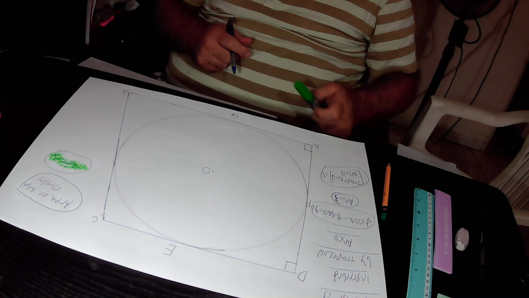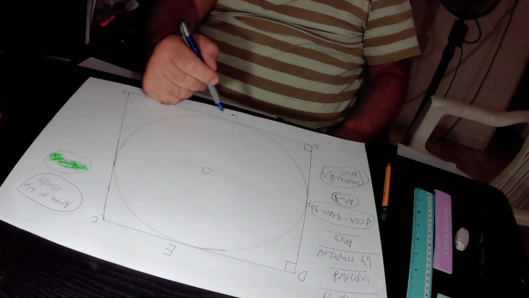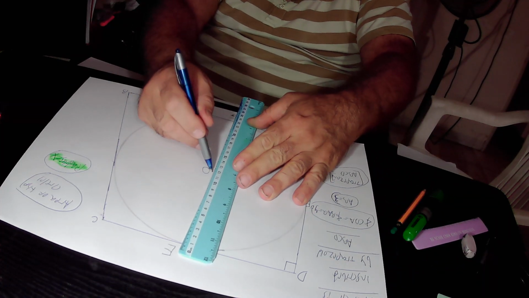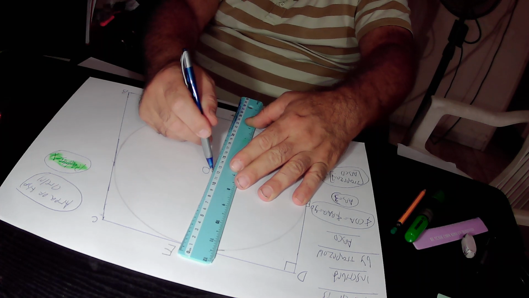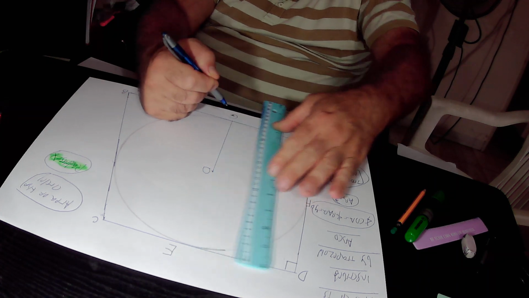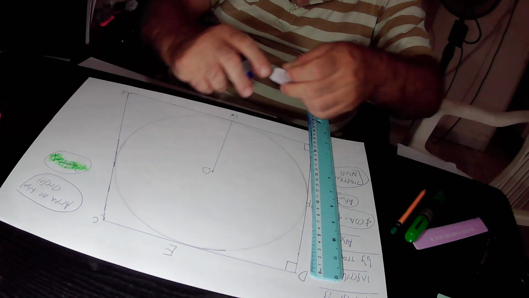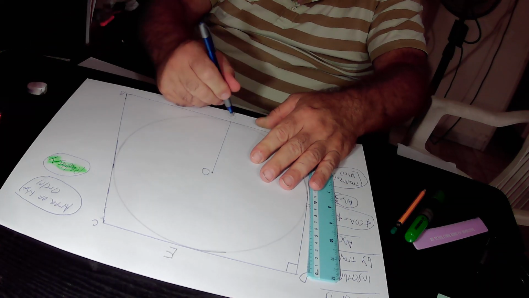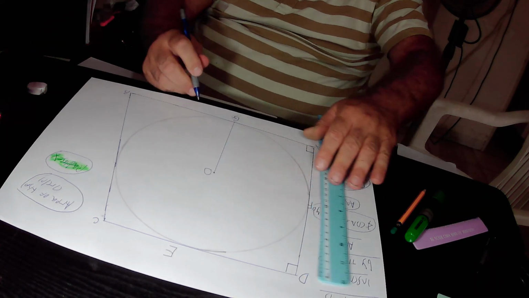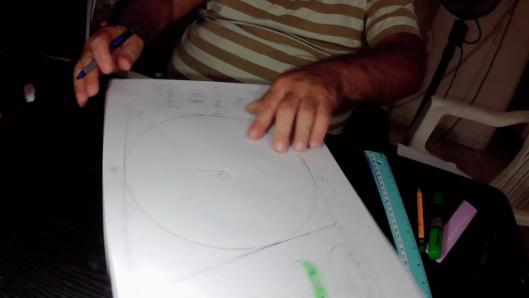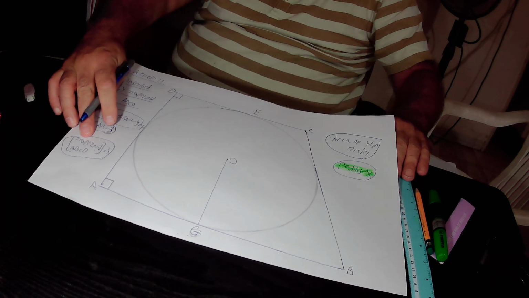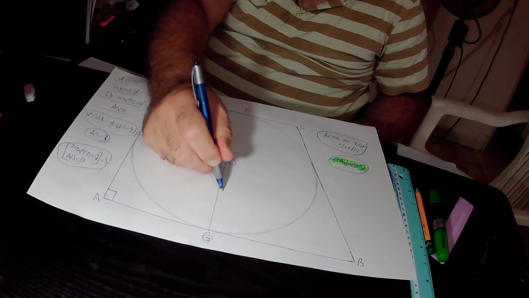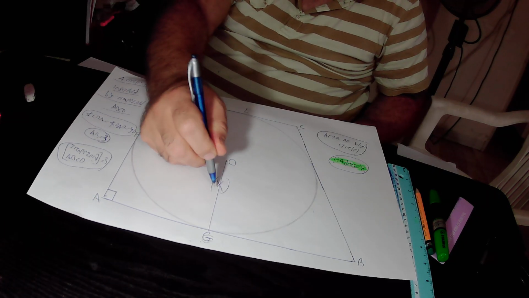In the next step, we will join points O and G together by a straight line. Point O is the center of the circle, point G is a point on the circle itself, therefore OG is the radius of this circle, equal to x according to our definition.